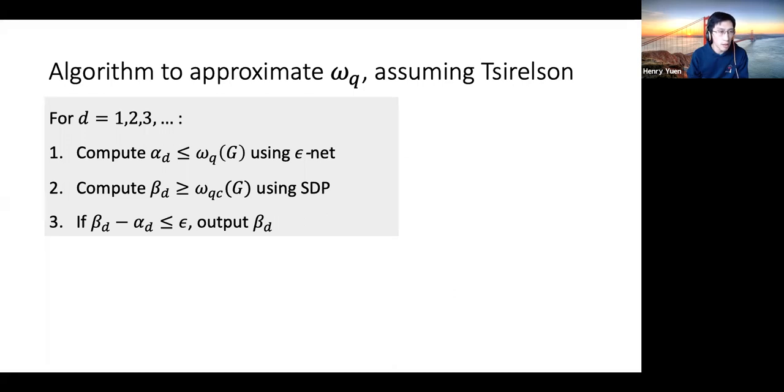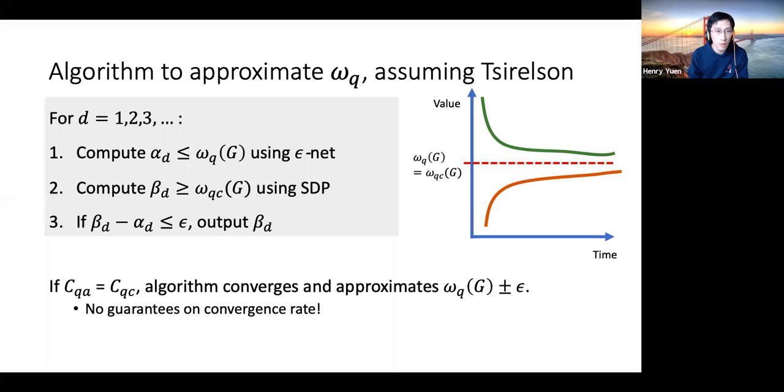So you basically run both procedures in parallel, and you just wait until the two numbers, alpha D and beta D, come within epsilon, in which case you know you've homed in on the tensor product value, which is the same as the commuting operator value, assuming that Tsirelson's conjecture is true. Okay. So this does not give an efficient algorithm, but it's guaranteed to converge under this assumption of Tsirelson.